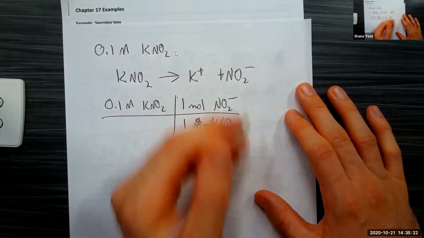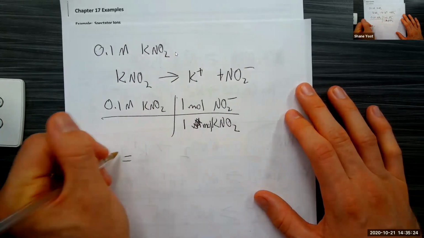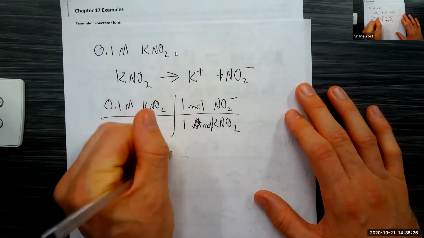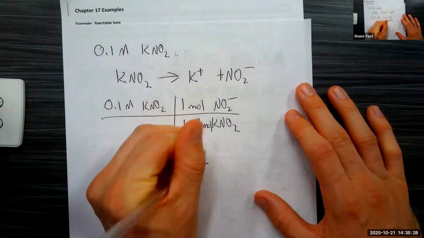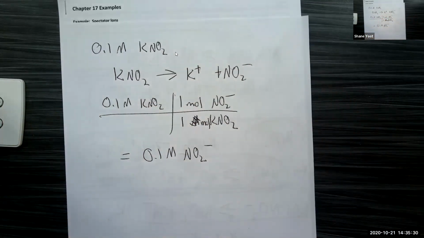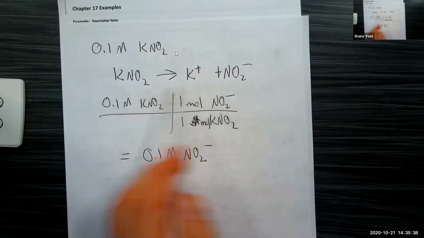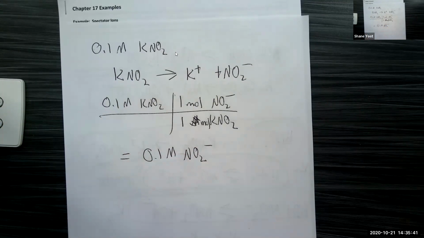And so I get 0.1 molar NO2 minus, because this thing fully dissociates in solution since it's a strong electrolyte.